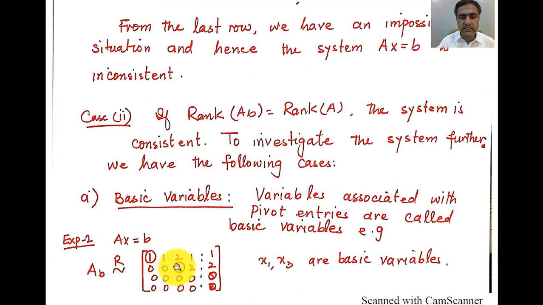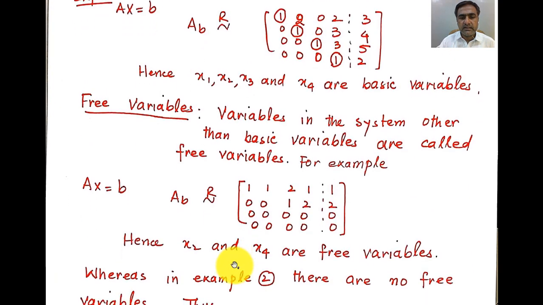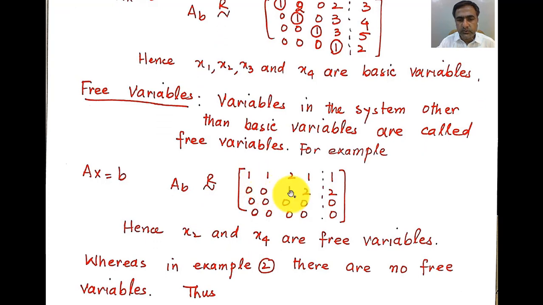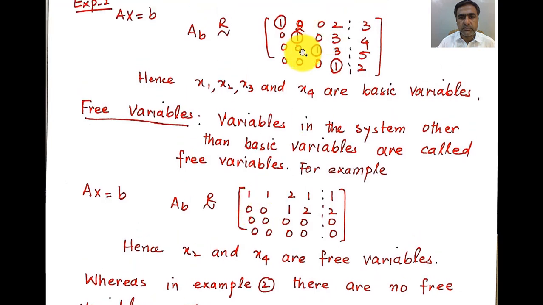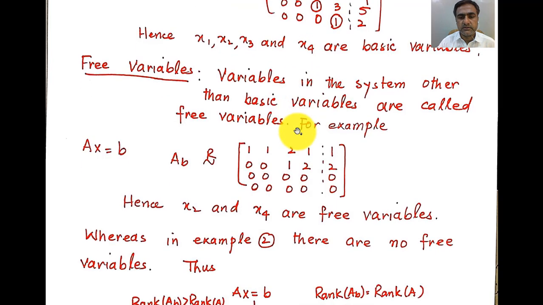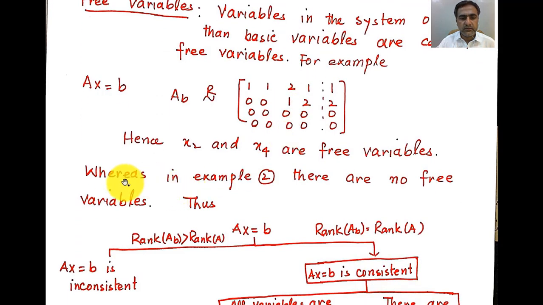Since I know that x1 and x3 are basic variables, x2 and x4 are my free variables. And if I consider this other example, here I have once again 4 variables, x1, x2, x3 and x4. Since all the 4 variables are basic variables, this system has no free variable. So in example 2, there are no free variables.